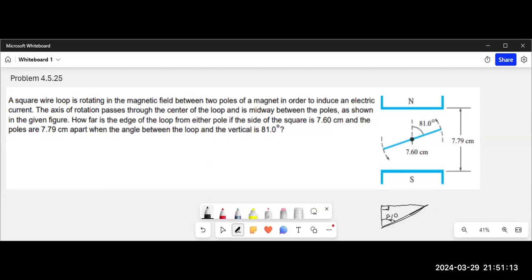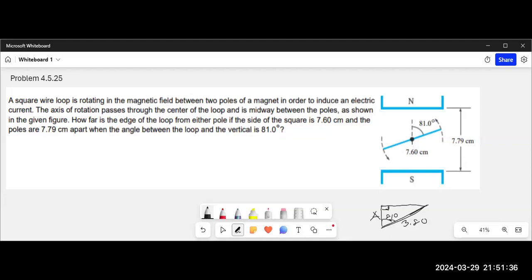So let's draw that here. And we should have the adjacent side, which is what we want to solve for here. So let's call that side A.